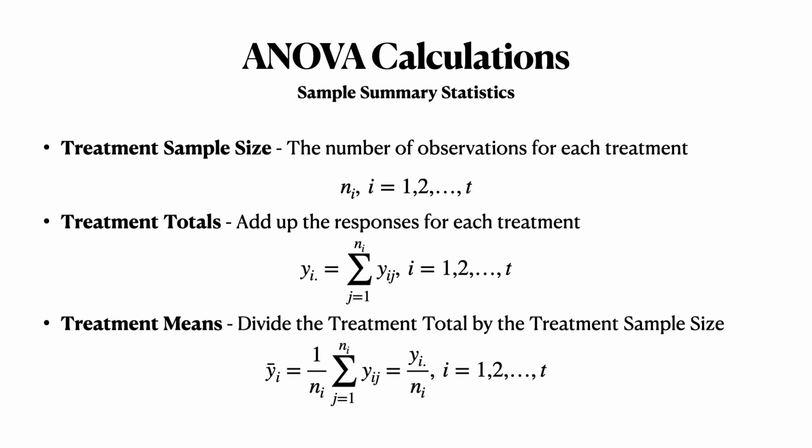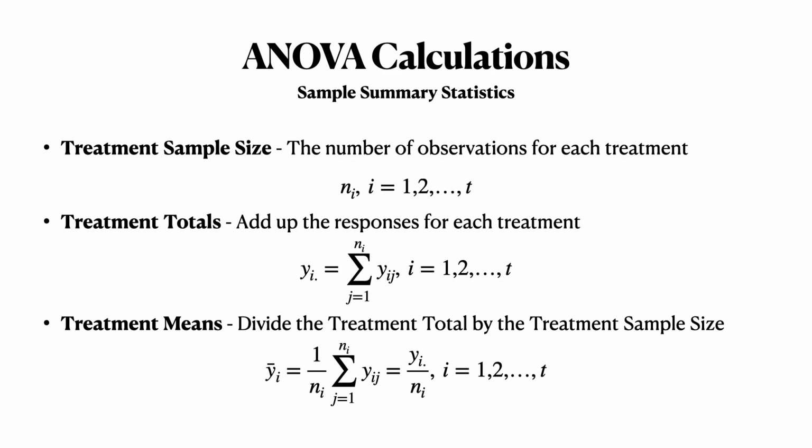Now, the treatment total for the ith sample is denoted by y sub i dot, and that dot tells us that we're summing over that second index. And so y sub i dot is equal to the sum j going from 1 up to n sub i of y sub ij. And we calculate this for each i from 1 to t.